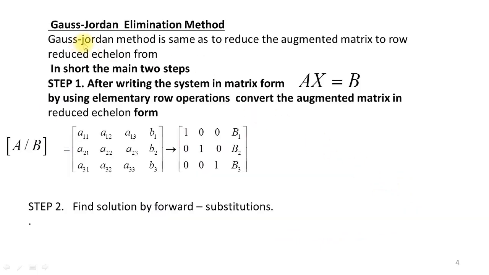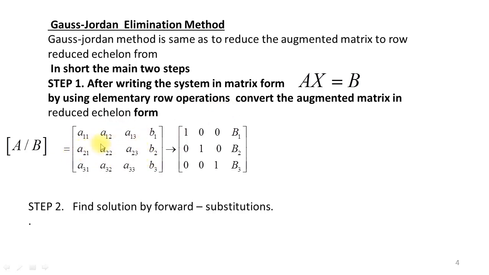So in short, Gauss-Jordan elimination method is the same as reducing the augmented matrix to row reduced echelon form, and we can use these steps shortly. First of all, write the system in equation form and then take the augmented matrix.